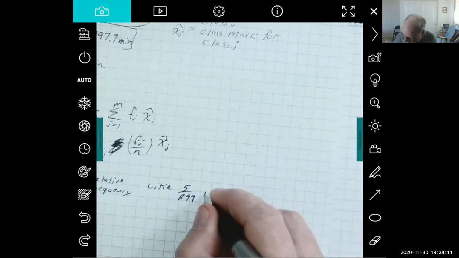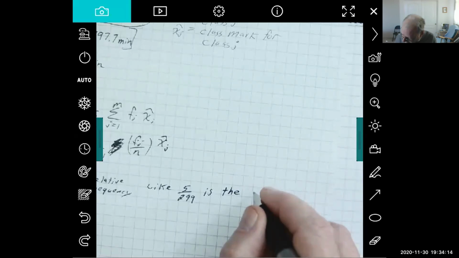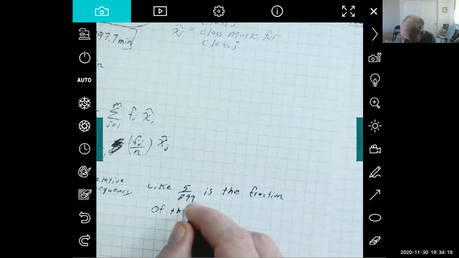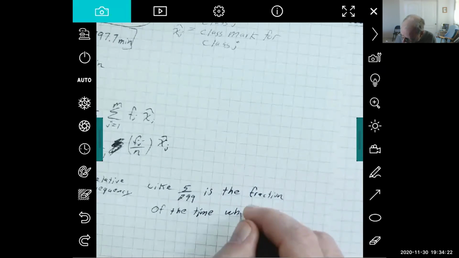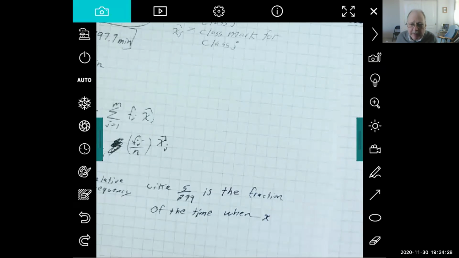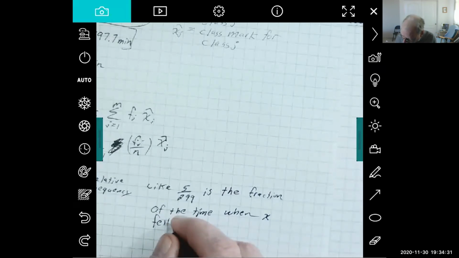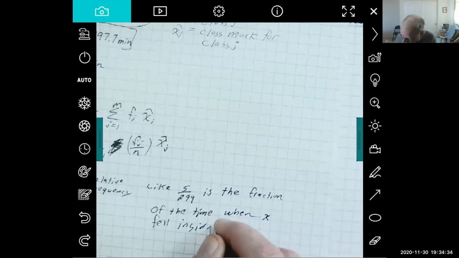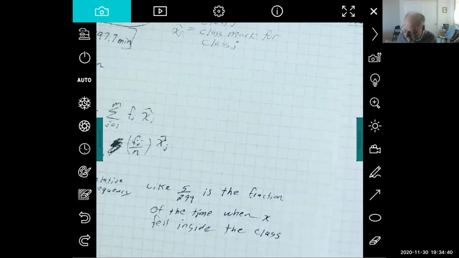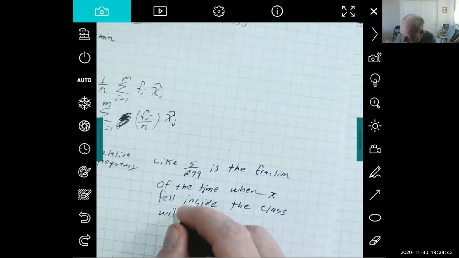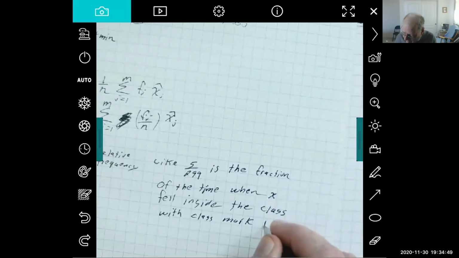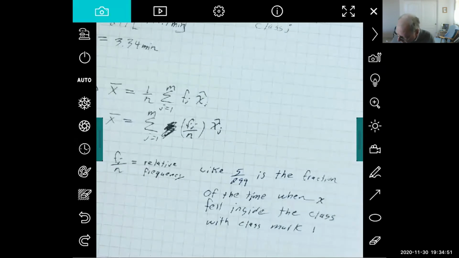It's the fraction of the time when X, the eruption time, fell inside the class with class mark, what was it, 1.5.